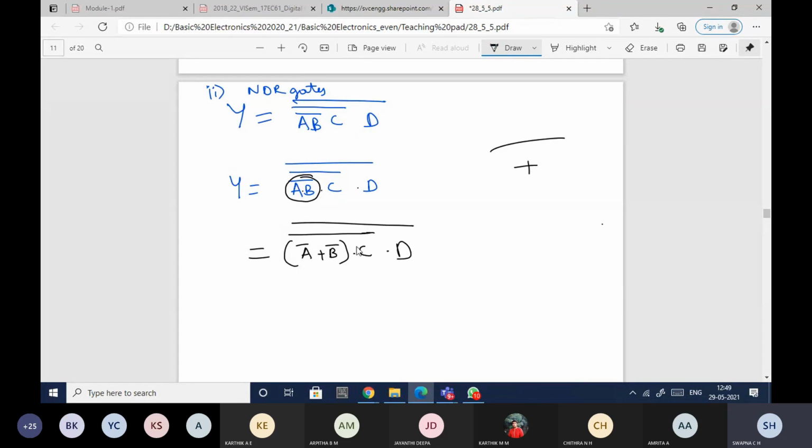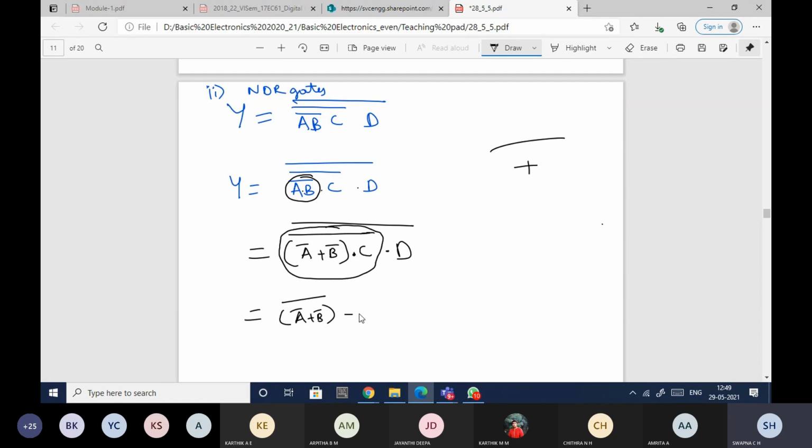Now again, A bar plus B bar I can implement, but A bar plus B bar whole bar is not there. So again here also I have dot. So I'll try again, I'll expand this portion. So it will be A bar plus B bar whole bar.